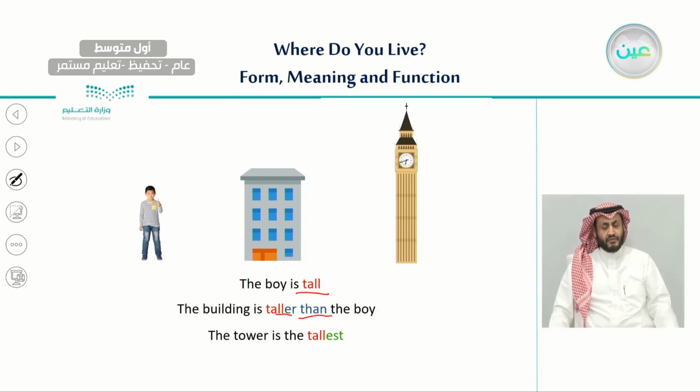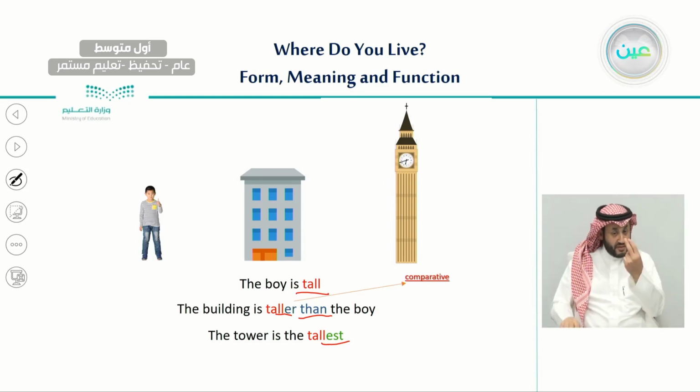But if we want to compare all three things or even more, we would add to the adjective three letters, which are E, S, and T. So here we said the tower is the tallest among the building and the boy. So this form, ER and adding than, we call the comparative form.